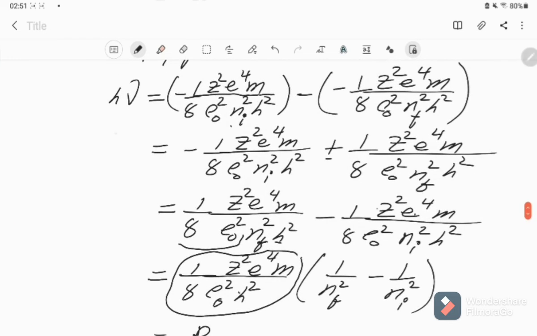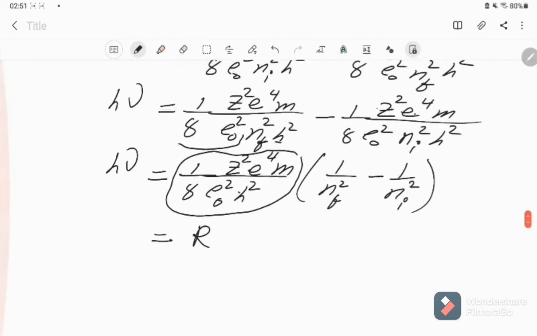Oh, we have this one also, I forgot: h mu.